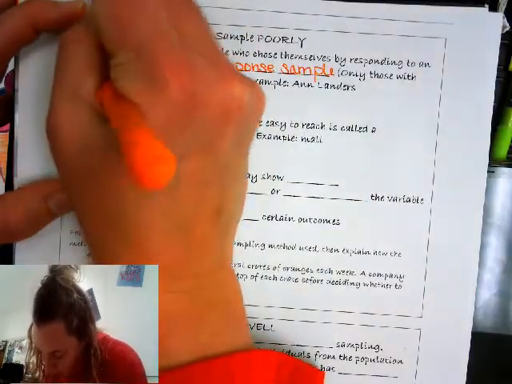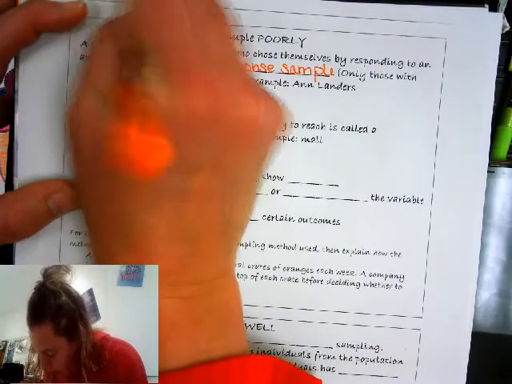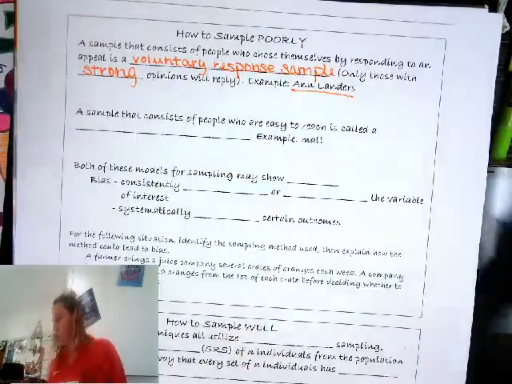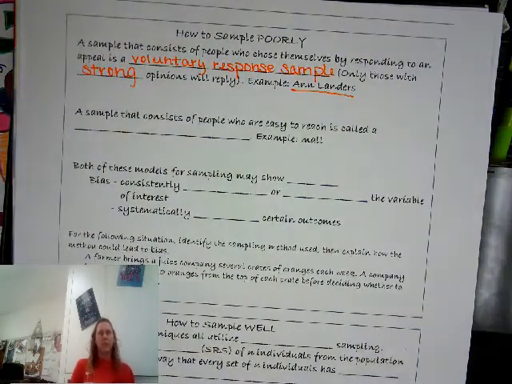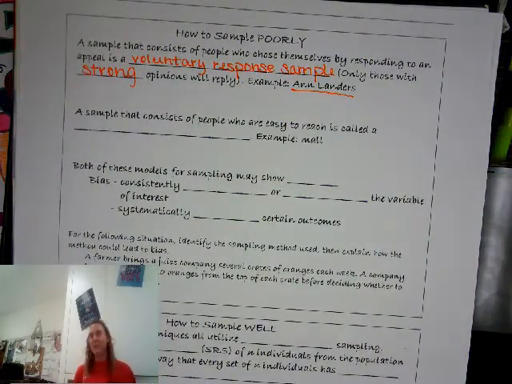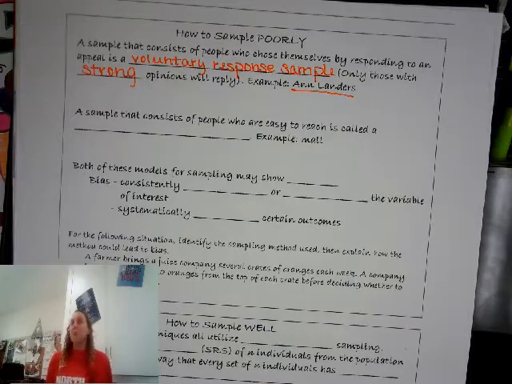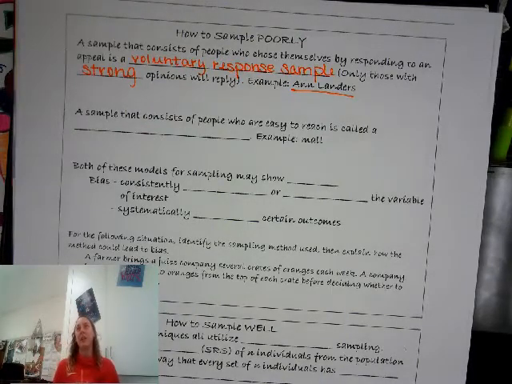My example here is Ann Landers, which probably none of you know who she is. She was a newspaper columnist, kind of like one of those advice people, which I know they have online now. People would write in to her and ask for advice.